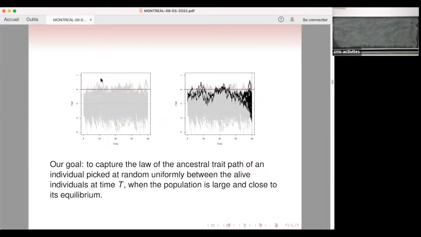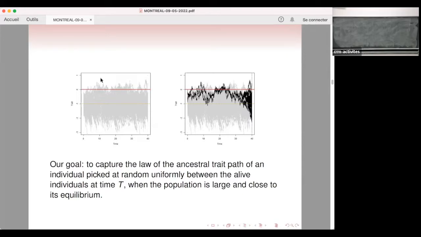from the PDE point of view, you are at equilibrium, and concerning the stochastic point of view, you have this profile at time capital T, the time where we are living, and we are asking from the trait point of view, which traits are the ancestors of the individuals. What we want to quantify and describe is the path of the ancestry.